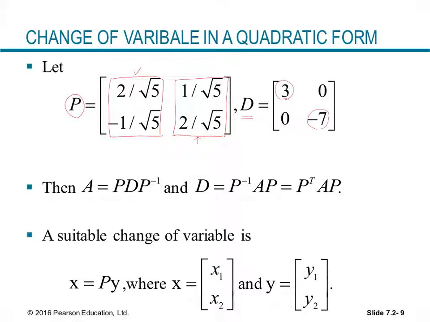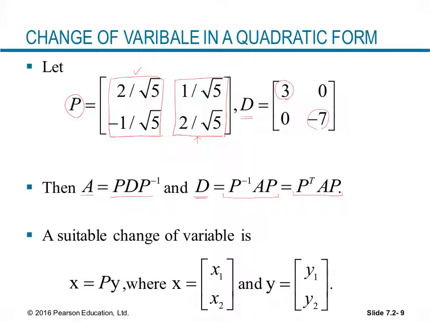In other words, A can be written as P times D times P inverse, or in other words, D is just P inverse times A times P. And since P is orthogonal, P inverse can be replaced by its transpose.